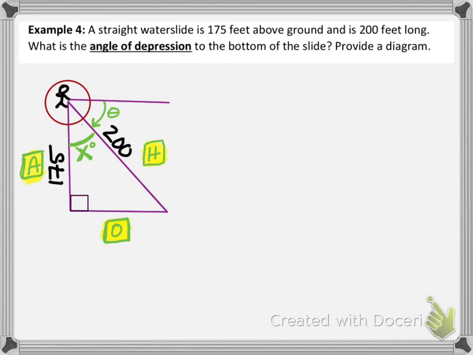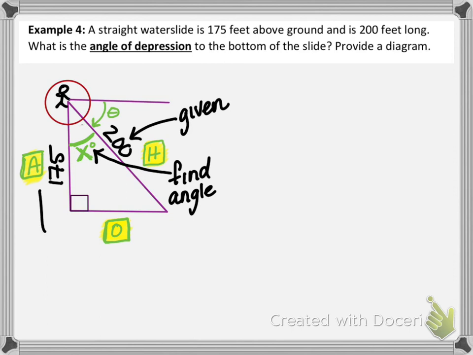Okay, so I need to find out what was given. I always get two givens and look for one find. So I need to find my angle. I am given a hypotenuse, and I'm given an adjacent. And I know that my A-H combination, based on my SOHCAHTOA, is my cosine.